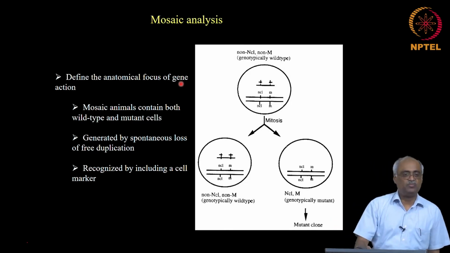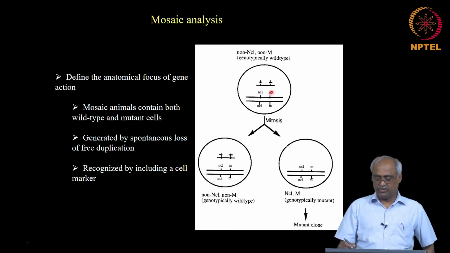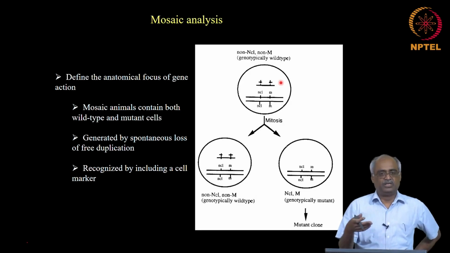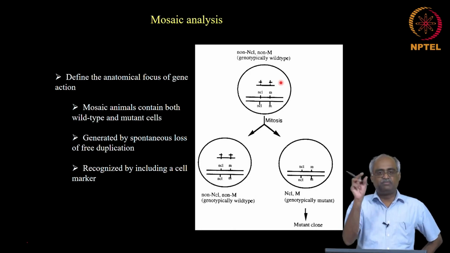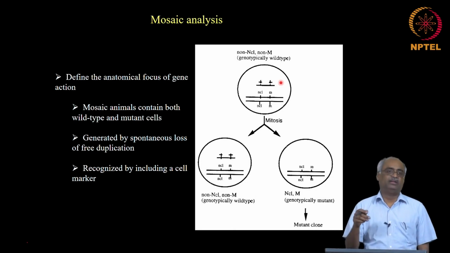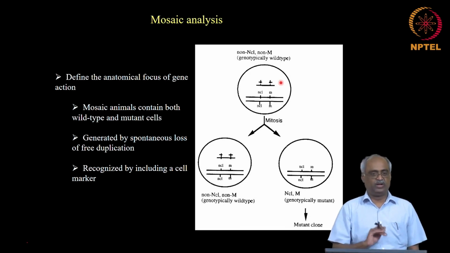So, this is an example of how you will do it. Like for example, here you have a mutation, M over M, it is homozygous for that particular mutation. Now, you have an extra copy. Usually these are generated in large scale mutagenesis using a strong mutagen like gamma radiation, etc. So, you make bits and pieces of chromosomes called duplicates, and these duplicates are characterized and known based on the phenotype they confer.